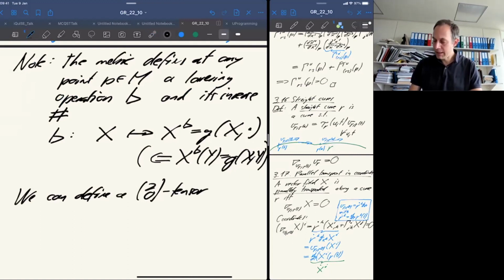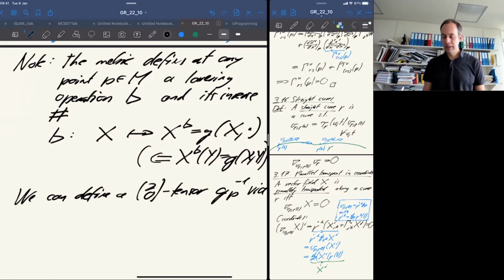And now we can at any point define a 2-0 tensor, and of course with that we have a 2-0 tensor field, as we do it at every point. And this should be defined as follows. It's called g inverse for reasons that are maybe already clear to you. And it's defined as follows.